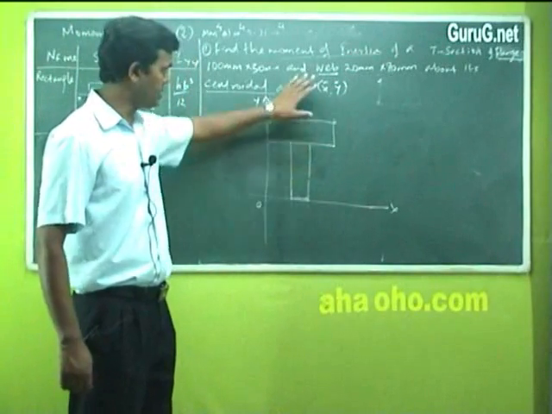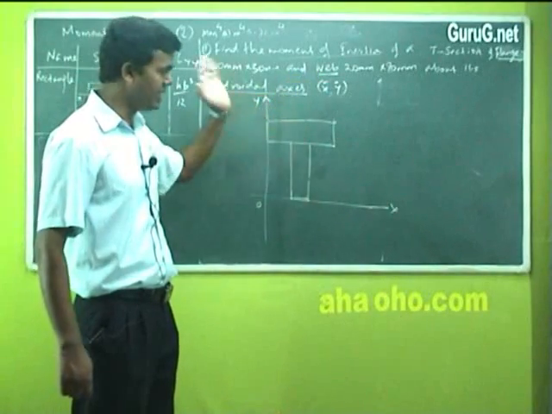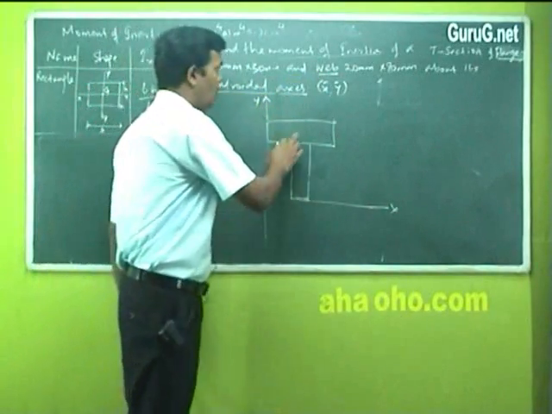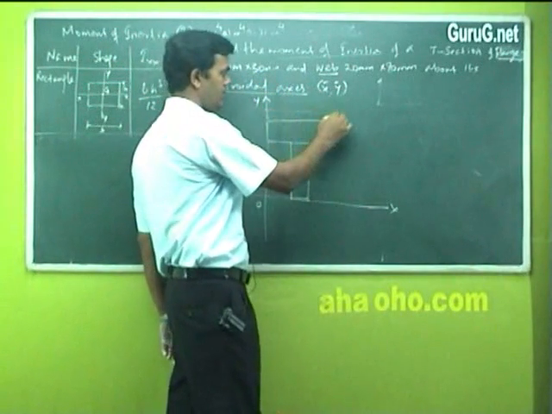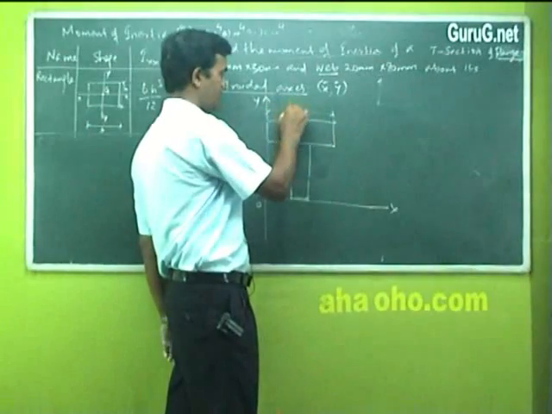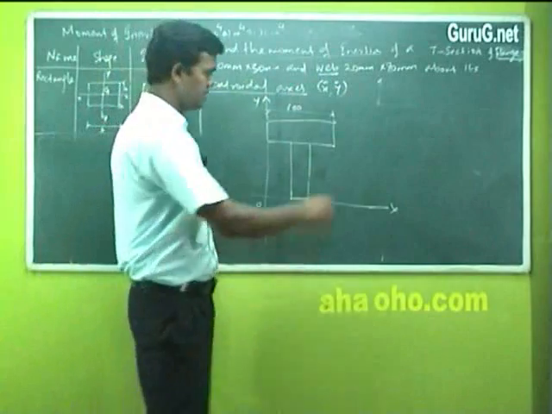So this is a question. The diagram is not given in the book, so you will have to think and draw, right? Now, what is this 100 millimeter given for? For the flange, obviously the higher one, 100 mm is this value. 30 millimeter is this width.